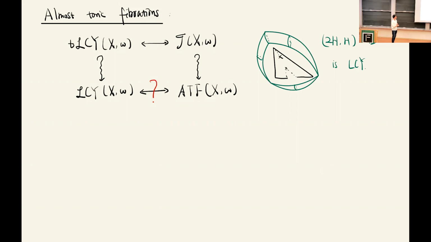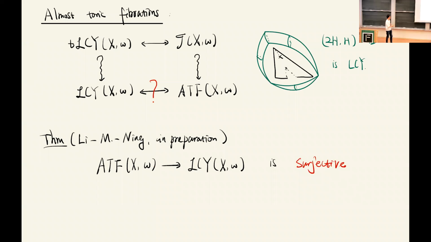For our case, yes, if you embed it into the standard integral affine structure in R2, it's going to rip. So that's why you have this cut. And again, you have some kind of boundary. And if you take the pre-image of this boundary, again, it's always going to be a log Calabi-Yau divisor.